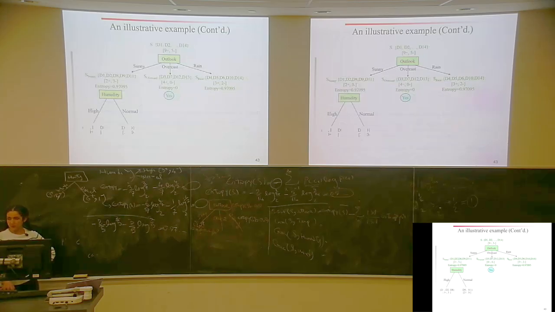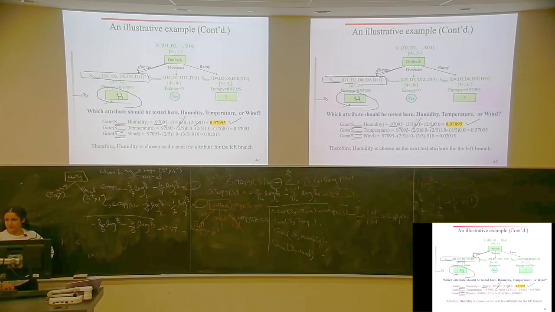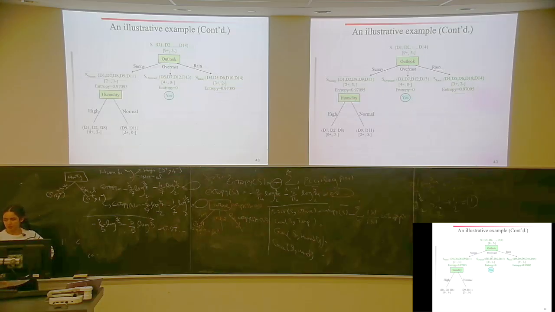And that's the whole thing that you do for everything. So as you see, we reach the leaf here because all instances belong to class no. Here, all instances belong to class yes. And that's why in the previous slide, you see 0, 0 here for entropies, right? Because we reach the point where all instances belong to the same class, where entropy is 0.